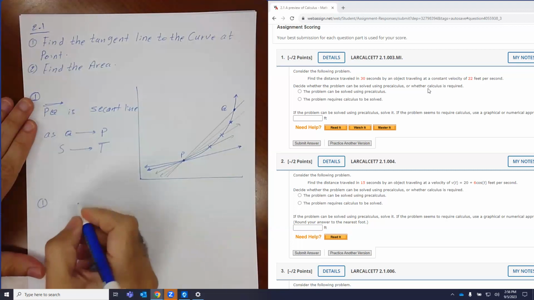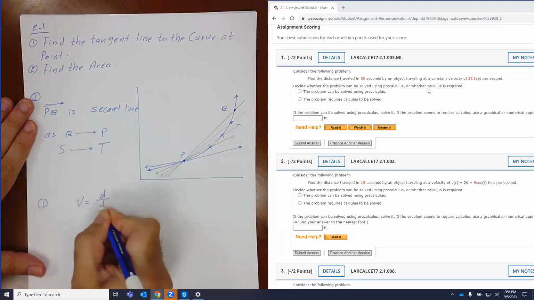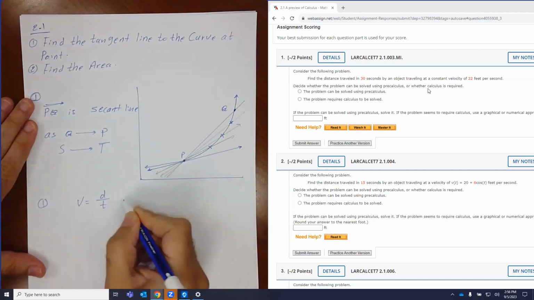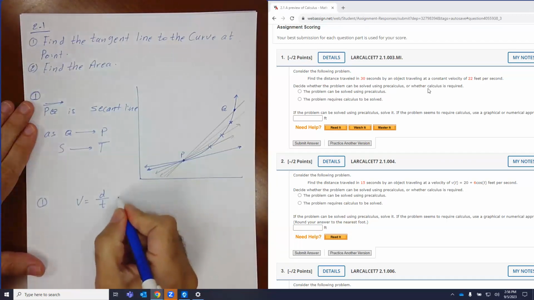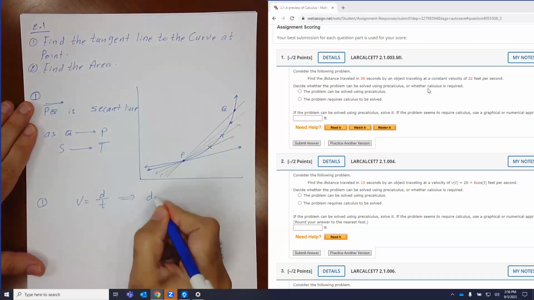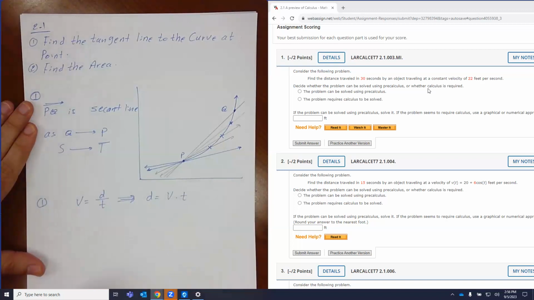It says the velocity is the distance divided by time. Now, our goal from the first problem is to find the distance. That means our distance is the velocity times the time t.